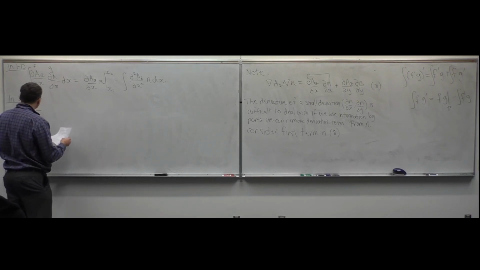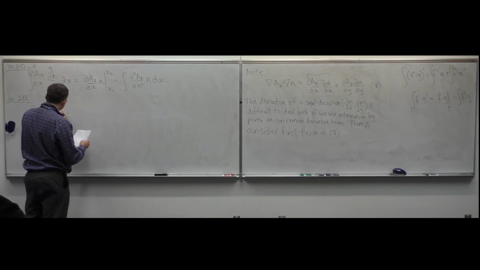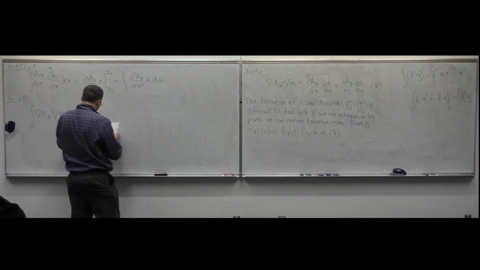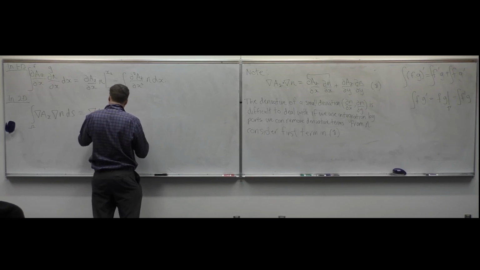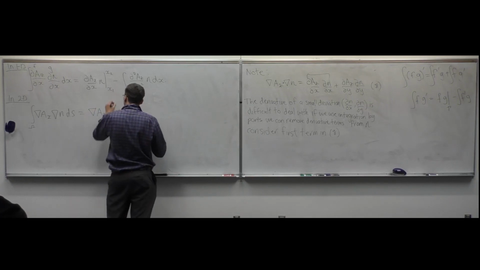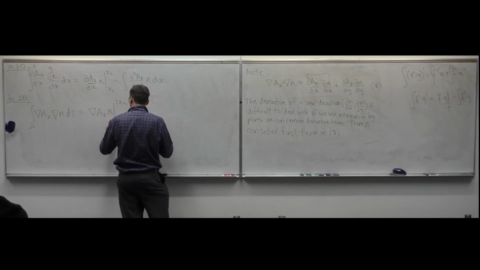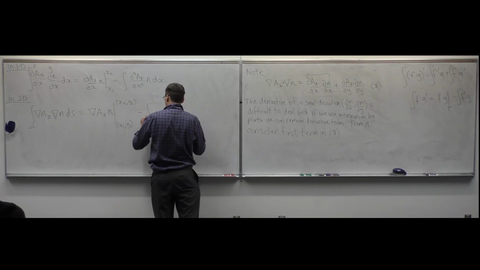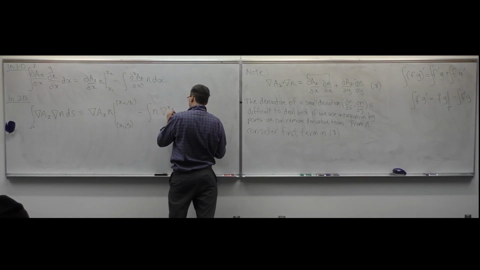In 2D, we would have del Az, del n, evaluated over some surface, and then using integration by parts, the first term would be at a boundary condition at some x and y, and then we have this second term which has the del squared Az in it.